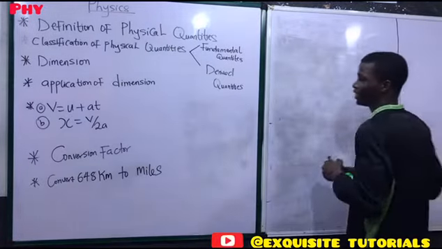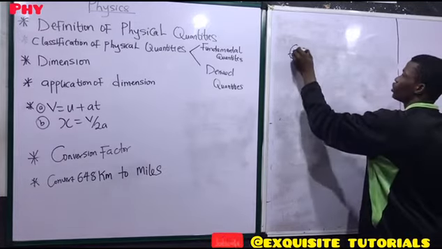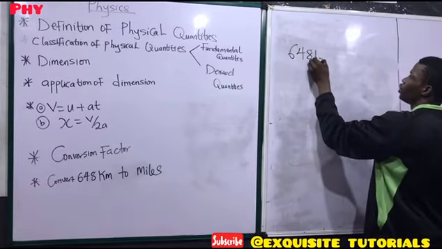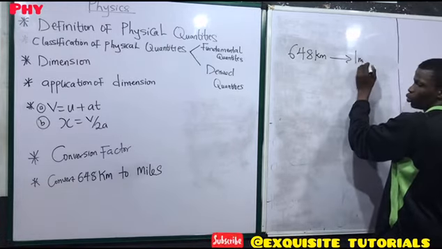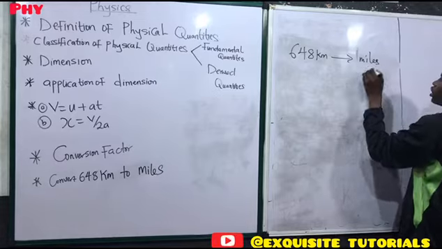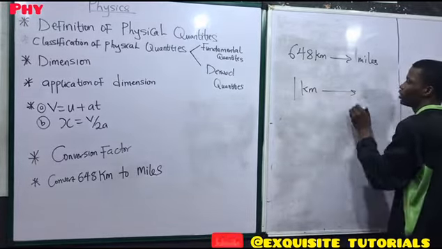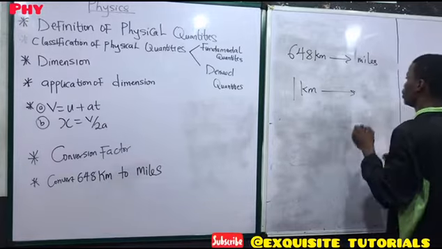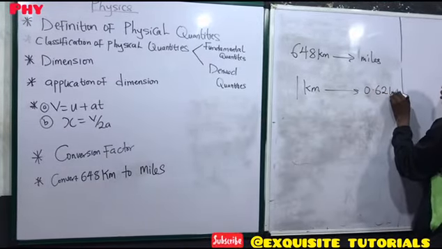So let's look at this. We're told to convert 648 kilometers to miles. And we know that 1 kilometer, this one is expected to be in your head, is equal to 0.621 miles.